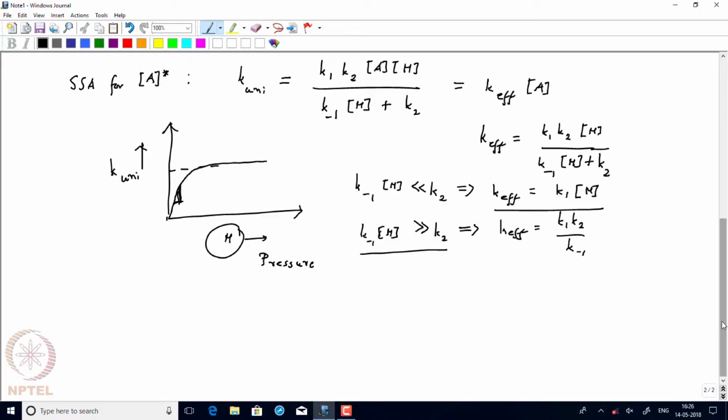In the high pressure limit the collision will happen and it will deactivate. Now the question is, in this entire thing we only talked about the translational kinetic energy contribution. So molecules are colliding, and that is the entire source of activation of these energies. Now the question is, is there any contribution from internal degrees of freedom?